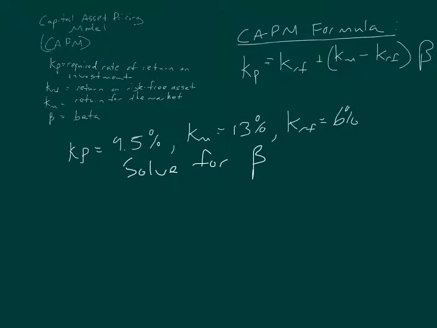So 9.5 equals 6 plus 13 minus 6, times beta.